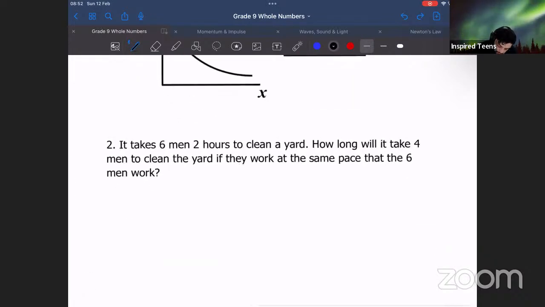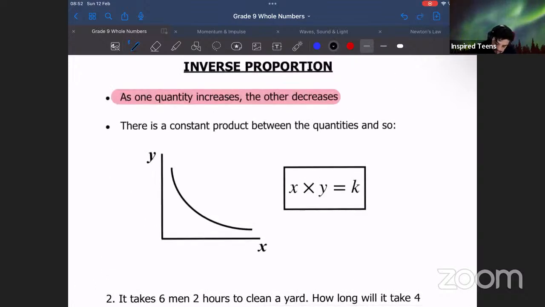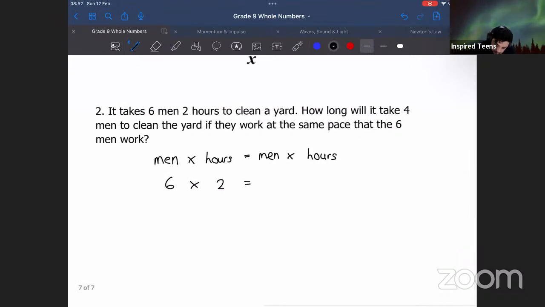So I'm going to take men times hours, and it has to equal, because the products are equal when it comes to inverse proportion, men times hours is going to be equal to men times hours. So 6 men times 2 hours has to equal 4 men times the unknown amount of hours. Call it H.